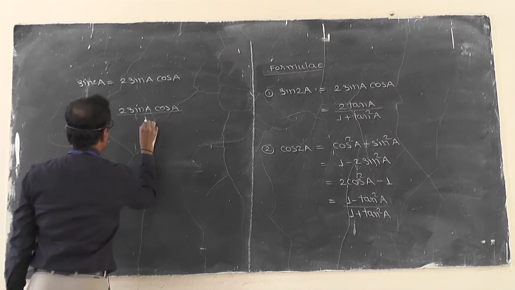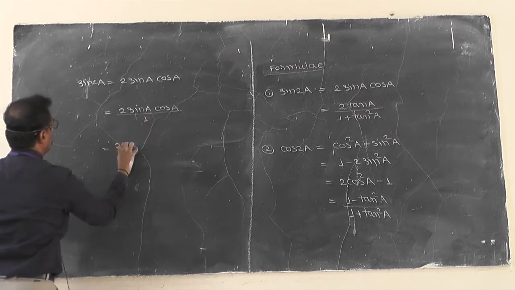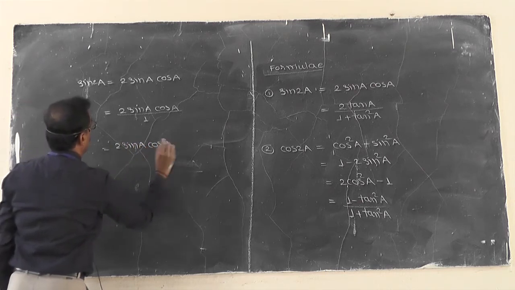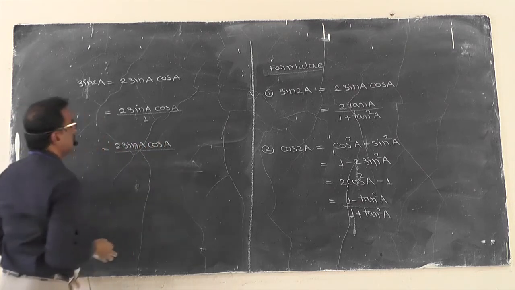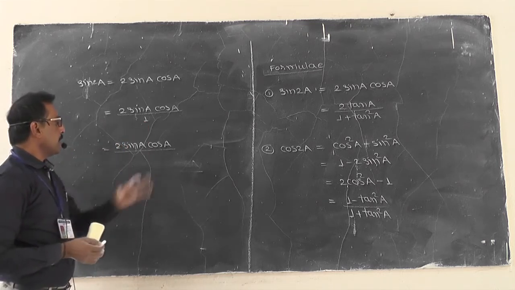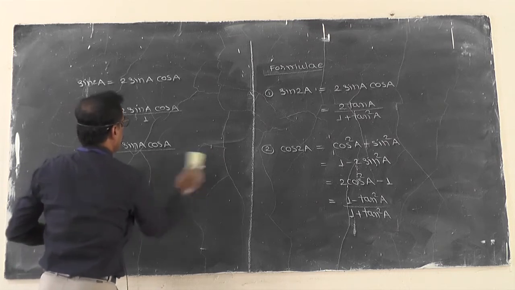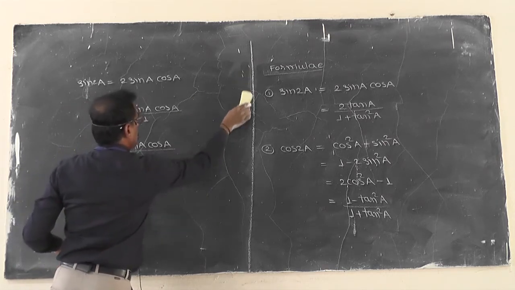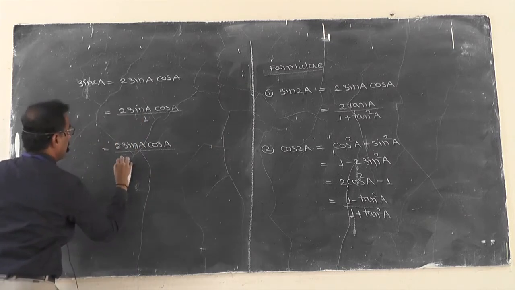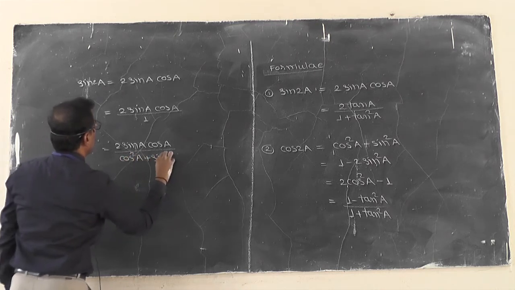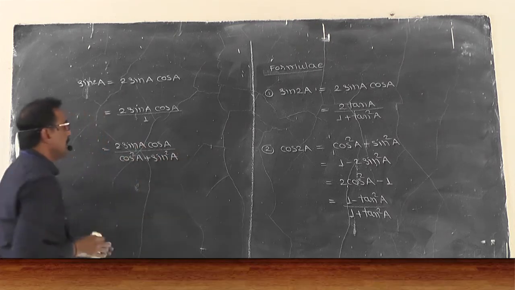The denominator is 1, and this is from 10th standard. It is sin a cos a divided by 1. 1 can be written as sin square a plus cos square a, or cos square a plus sin square a, one and the same.